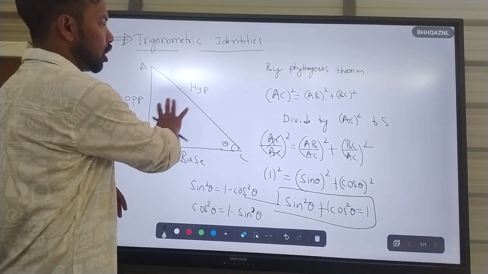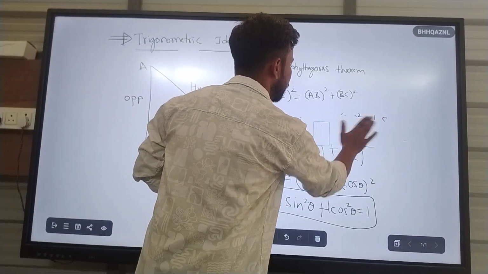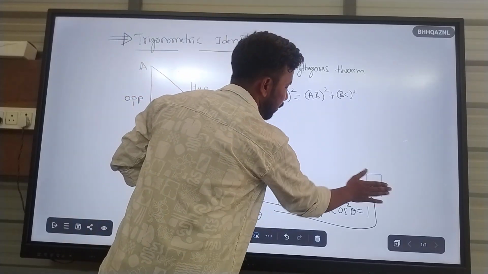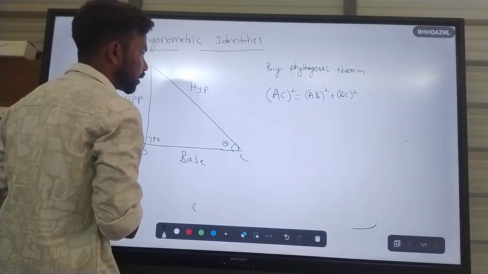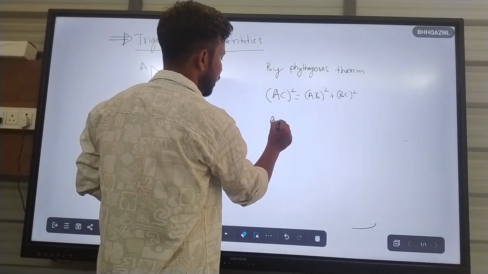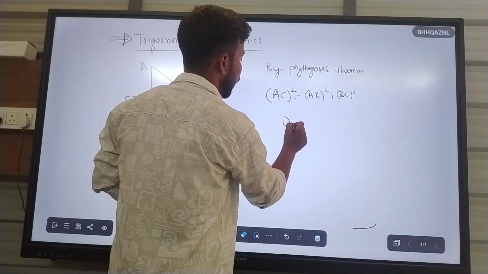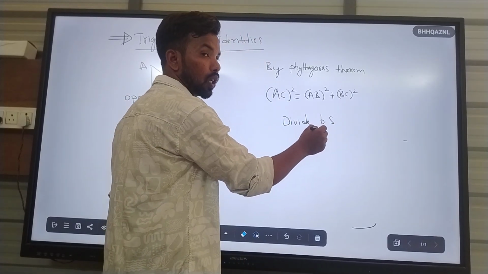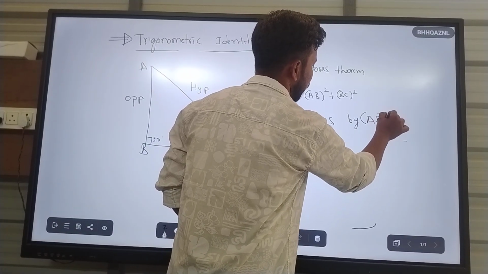Now we know the Pythagoras theorem is the same. Up to here is the Pythagoras theorem. This one I will erase. Now what do you do? Divide both sides by AB square.